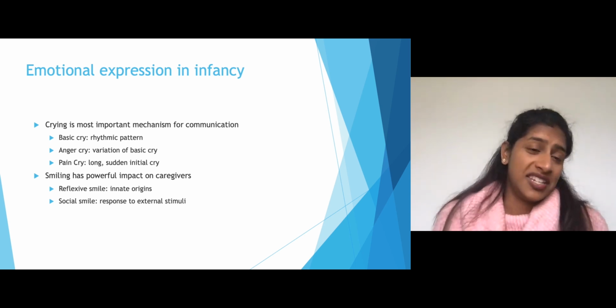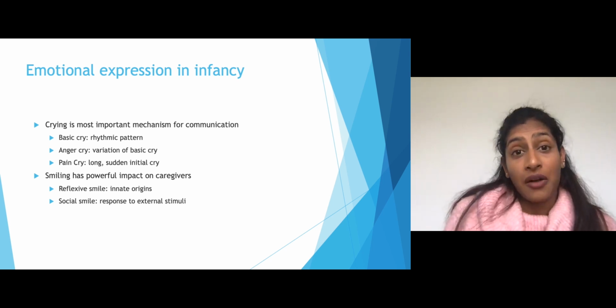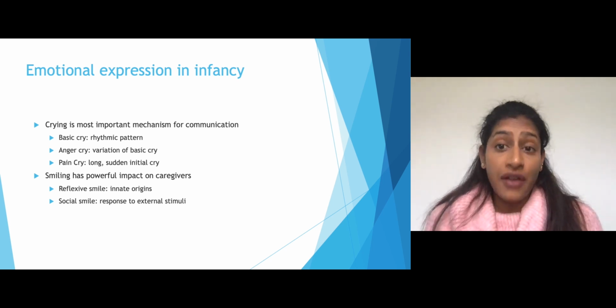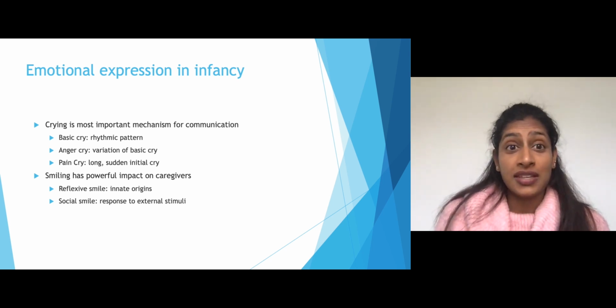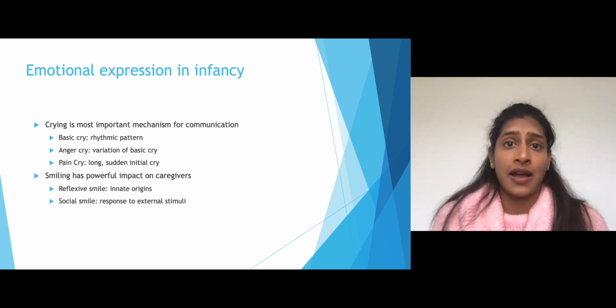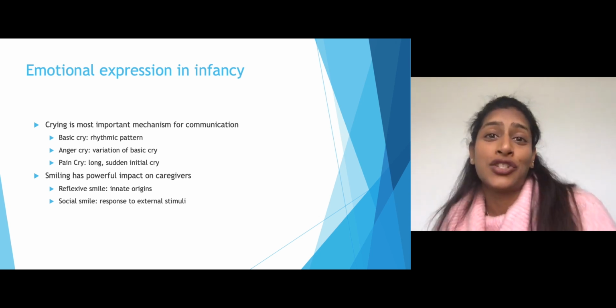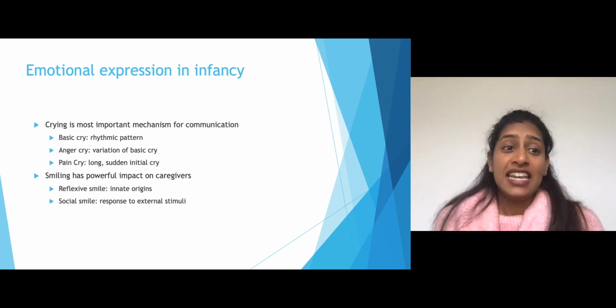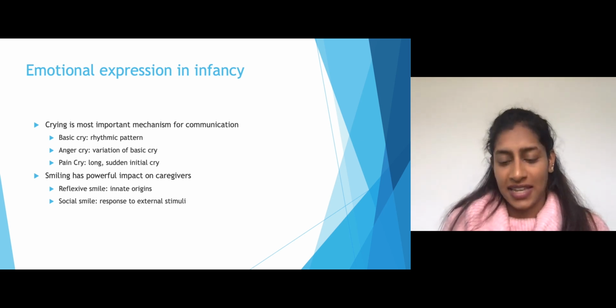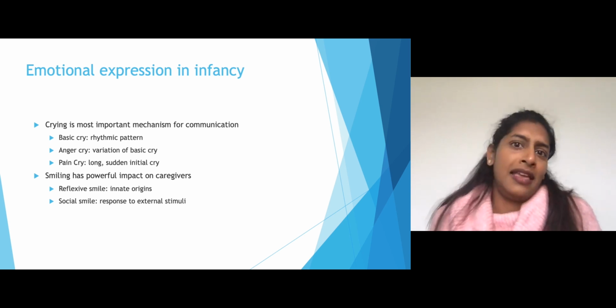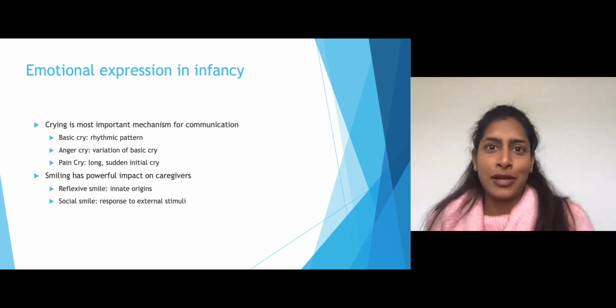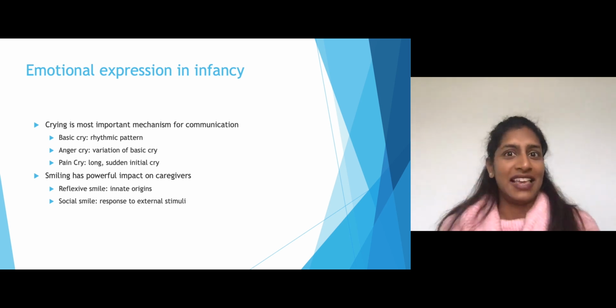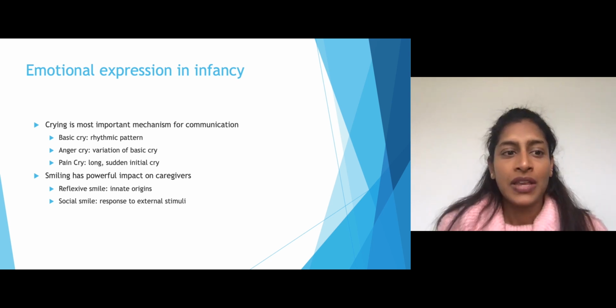It's just taking place. Now, soon thereafter, we do have what we call a social smile. And this is when the child is engaging purposefully in that smile response. And so now this is in response to something that might be considered pleasurable or to engage with the caregiver.